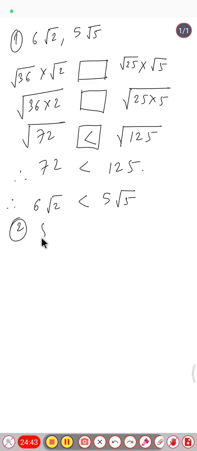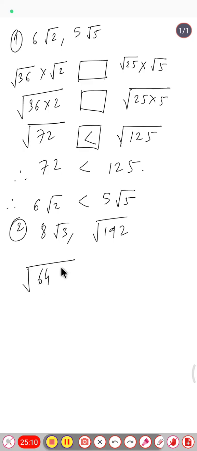We take here 8 root 3 and the next one root 192. So we can write directly 8 into 8, how much, it's 64. Here it's 64 into 3, directly we write here 3, and here we have the blank space.